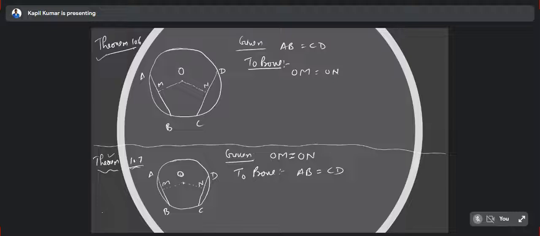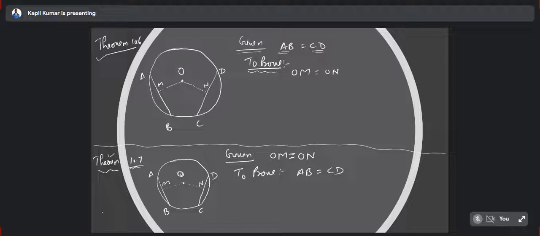So in 10.6 the given data is that two chords are equal. He is asking to prove that if two chords are equal, their distance from the center will be equal, right? For the distance of a line from a point, we need to drop a perpendicular, right?